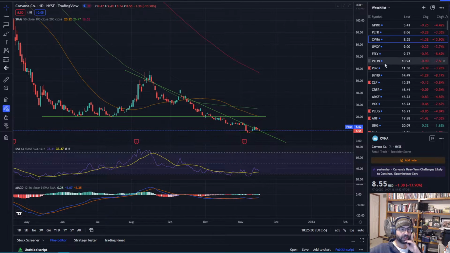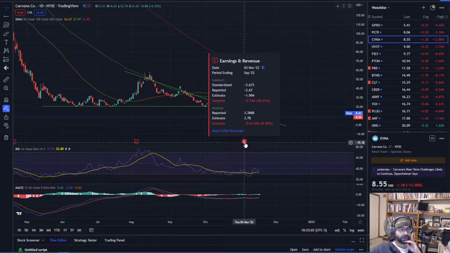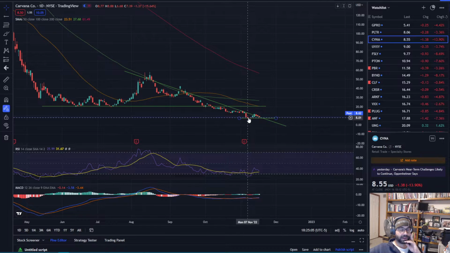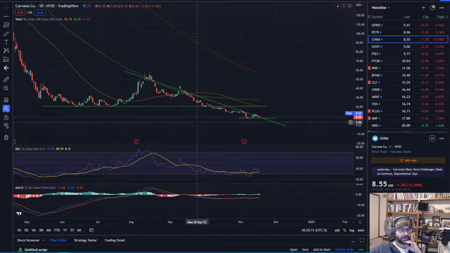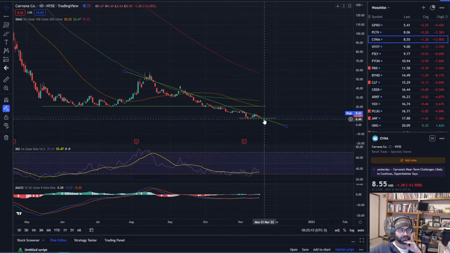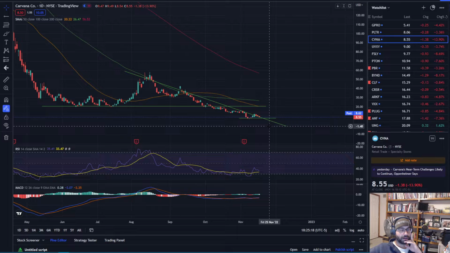Now, Carvana had bad earnings, and got downgraded to I think like a 50 cents by one of the analysts. I don't really care what analysts think. This is on a pretty aggressive downtrend and it's sticking to that. So that's concerning.